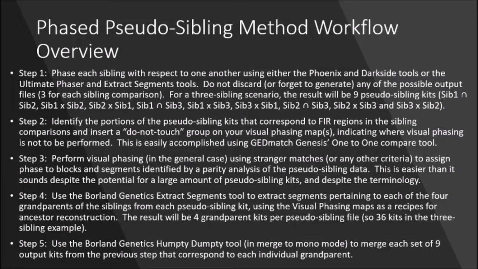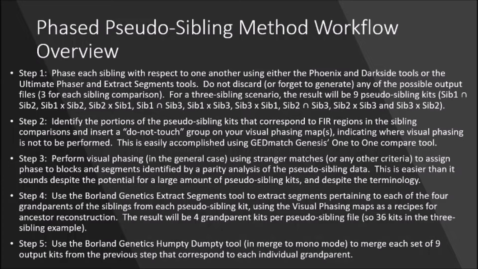This might happen, for example, if sibling 1 and sibling 2 both inherited DNA from their paternal grandfather, but on the maternal copy sibling 1 maybe inherited DNA from the maternal grandfather, whereas sibling 2 inherited DNA from the maternal grandmother. And that results in an HIR region, a half identical region.